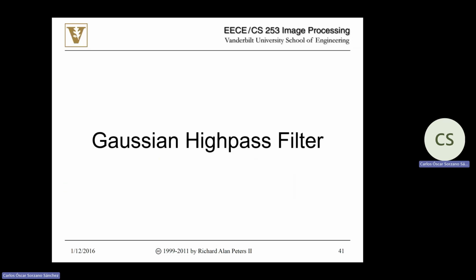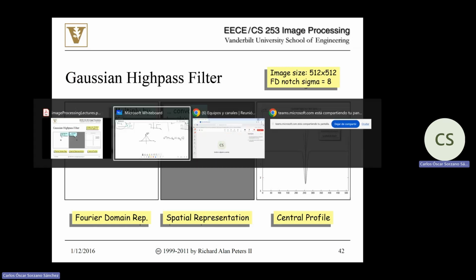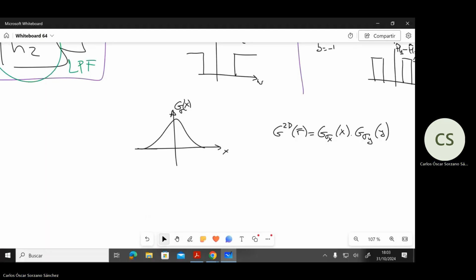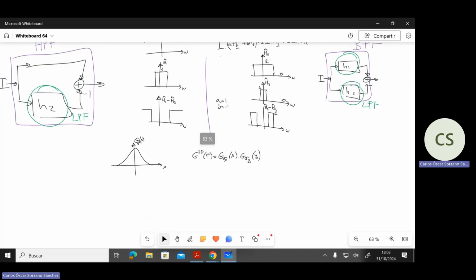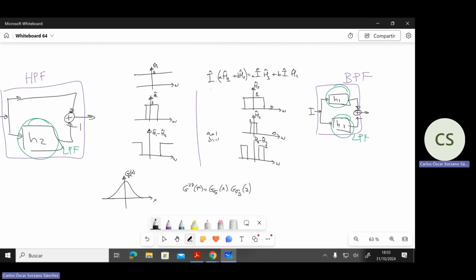And then we can define Gaussian high-pass filters. We already know the trick. The Gaussian high-pass filter is 1 minus the Gaussian. So if we do this, with one of them made Gaussian, then we have the Gaussian high-pass filter.